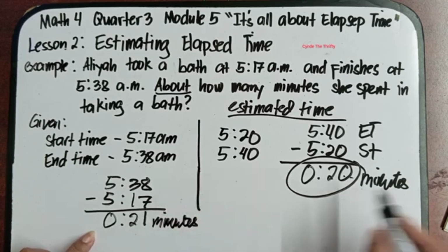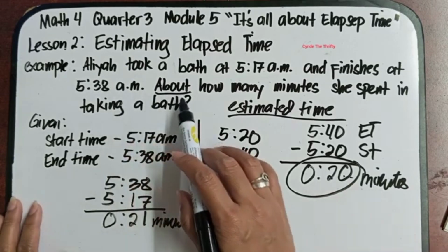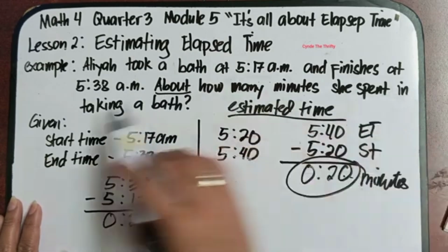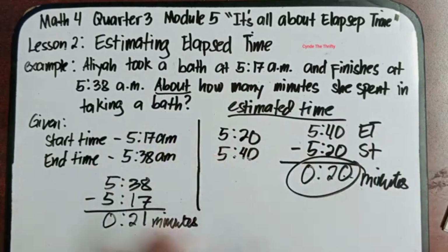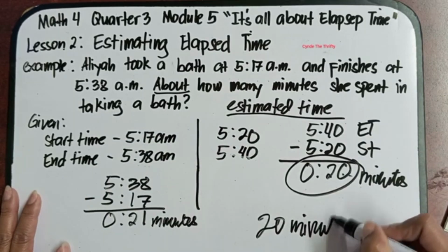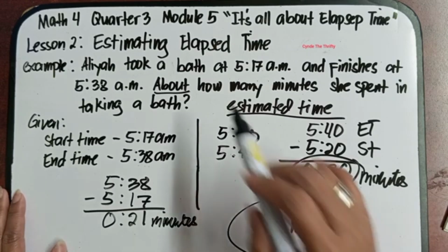At ang ating estimated time is 20 minutes. Now, balikan natin ang ating question about how many minutes she spent in taking a bath. So, ang sagot natin dito is 20 minutes. Kasi estimated time yung hinahanap natin, hindi itong actual time. So about 20 minutes is the elapsed time.